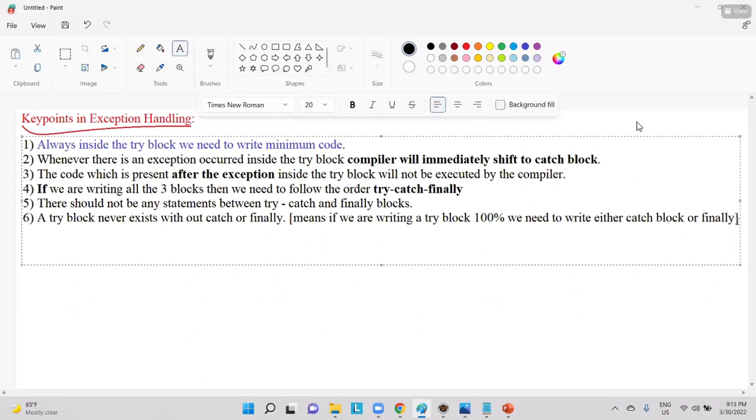Okay, guys? Kindly please do remember. Actually, from Java 1.7 version, we can write only a single try block also. But that is try with resources. Let me try to write that point also.